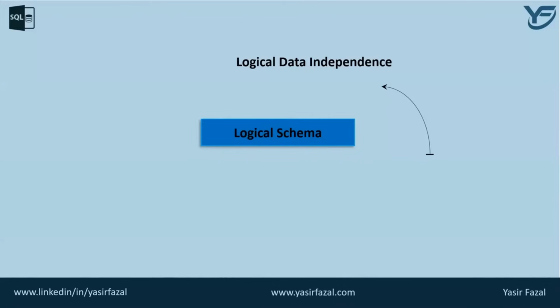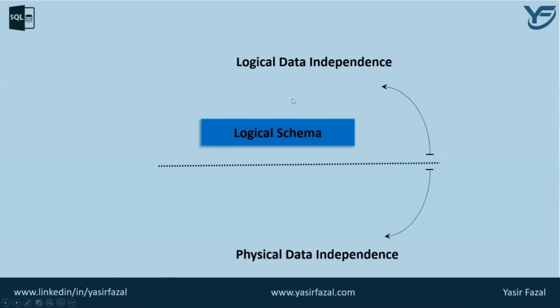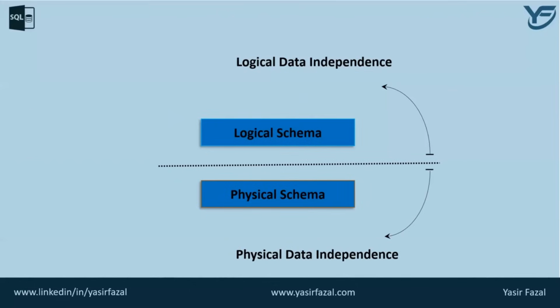In comparison to logical data independence, we have physical data independence, which actually applies to the physical schema. So what does that mean? It means all the schemas that are logical, and the actual data is stored in a bit format on the hard disk.